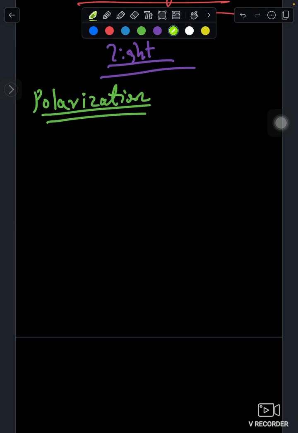Polarization is mostly used to decrease the amount of photons, or to decrease the light reaching your eyes. Mostly polarization is used for glasses.